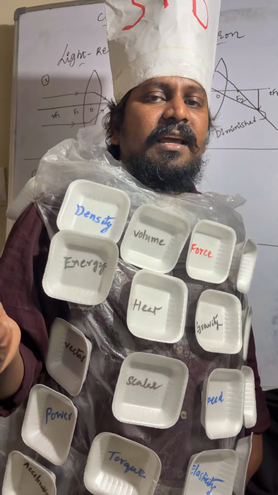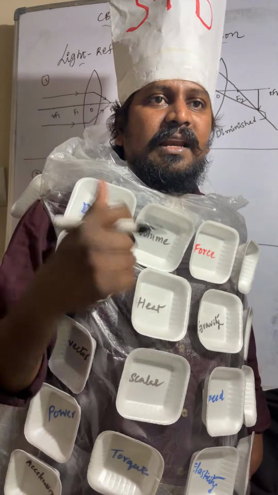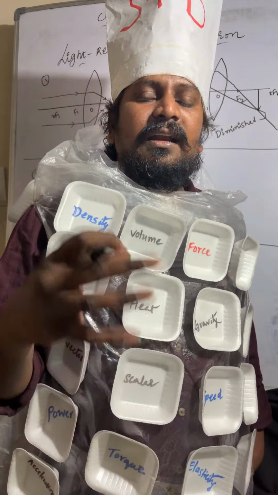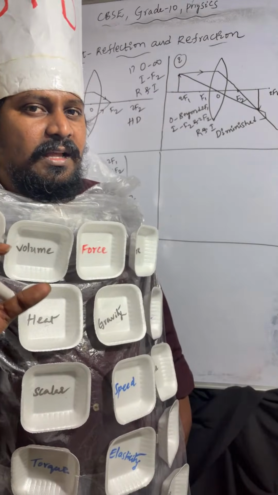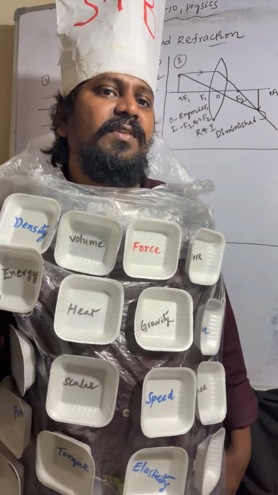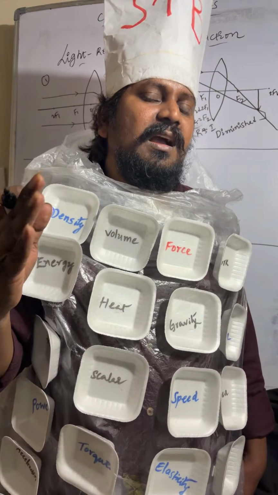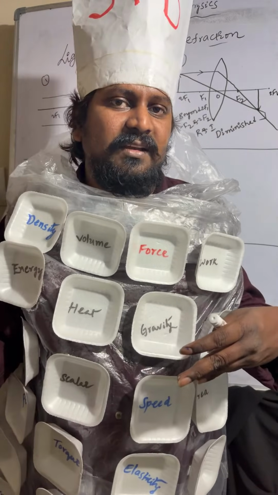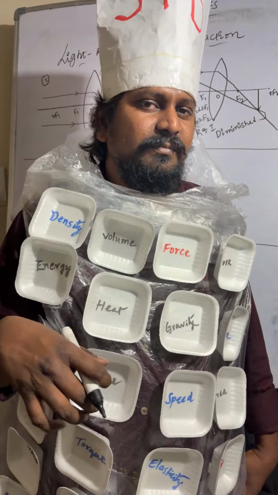Solenoid, current carrying conductor placed in the external magnetic field experiences force, right hand thumb rule, Fleming left hand rule, short circuit, overloading, and differences between bar magnet and solenoid. These questions are very, very important. And current carrying straight copper conductor: how to identify the magnetic field around the current carrying conductor by using right hand thumb rule.